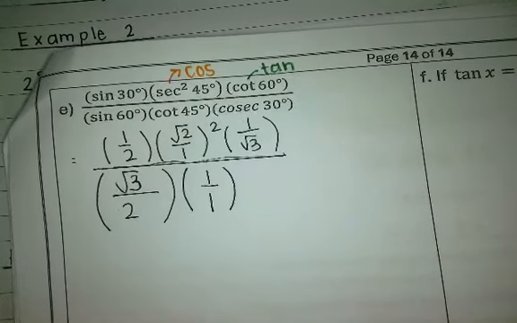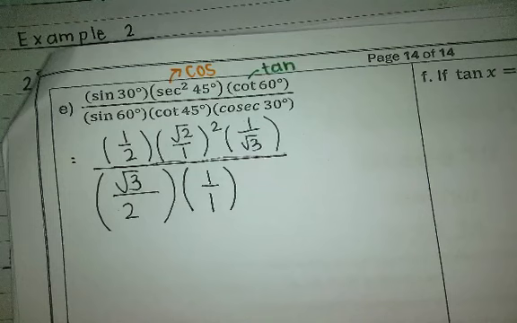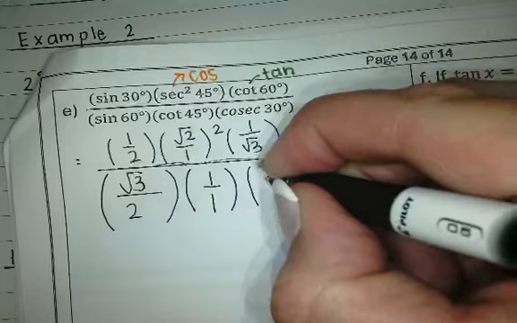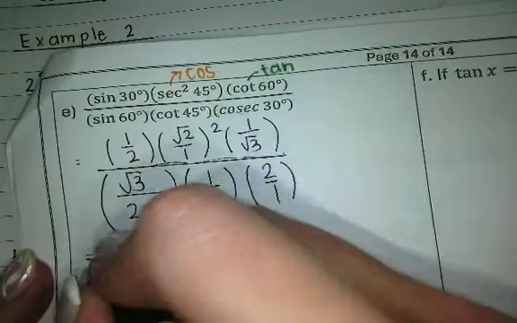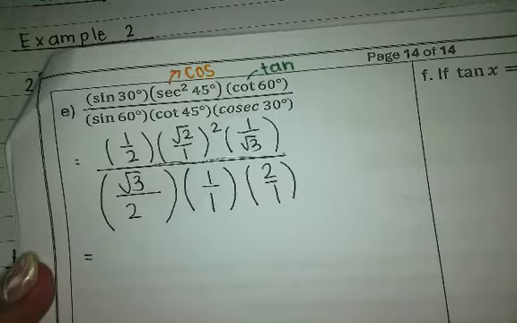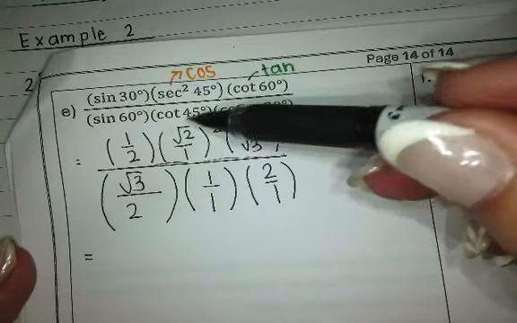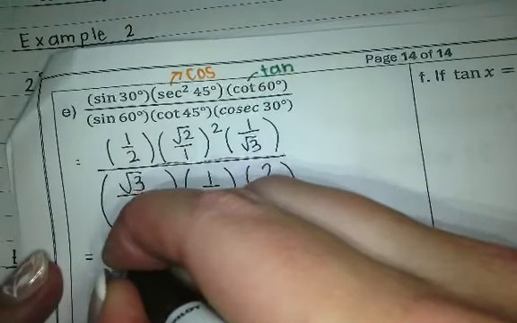And cosec is the reciprocal for sin, so sin 30 is 1 over 2, so the reciprocal is going to be 2 over 1. Do you guys agree that this is just going to be 2?